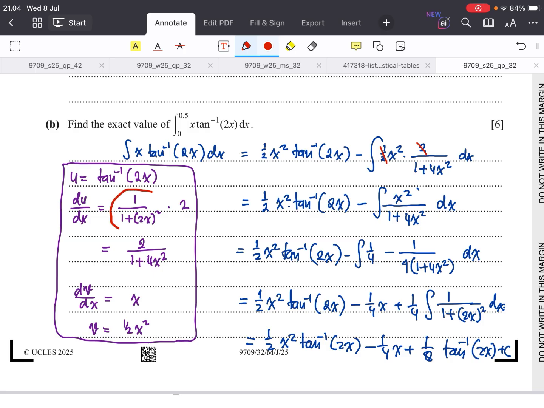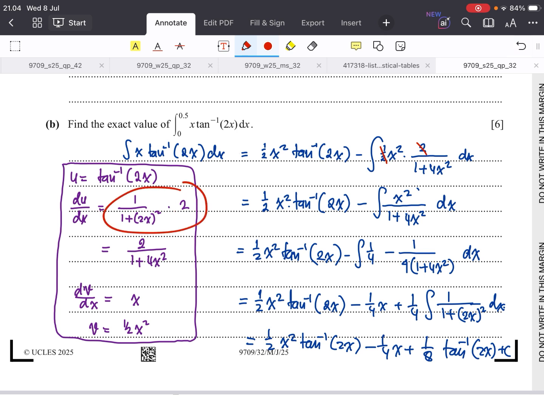The differentiation will be 1 over 1 plus (2x) squared. But we need to apply also the chain rule. 2 here is the differentiation of 2x. The differentiation of 2x is 2.